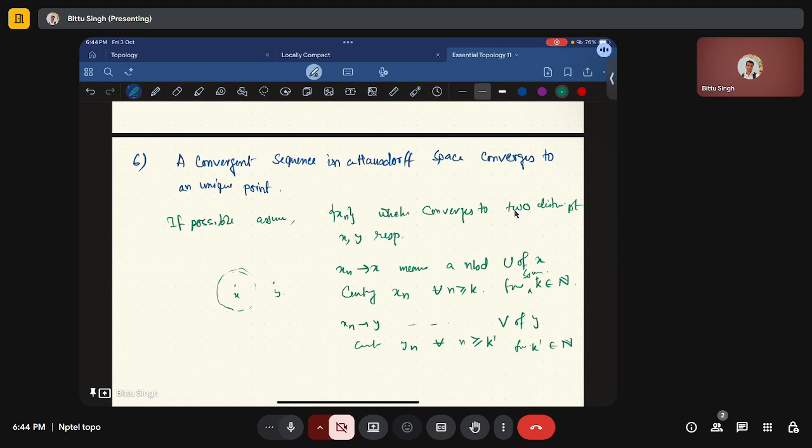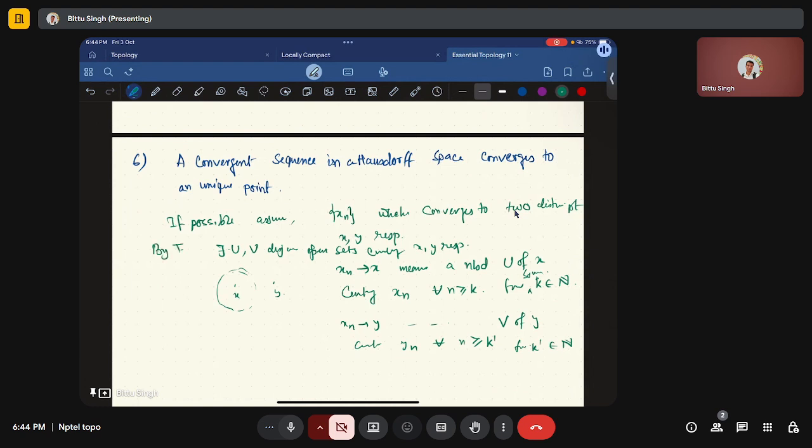Now this is a Hausdorff space, so we may take disjoint neighborhoods, right? So there exist disjoint open sets U, V containing x, y respectively.